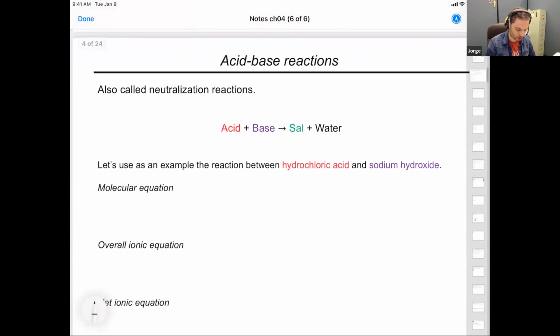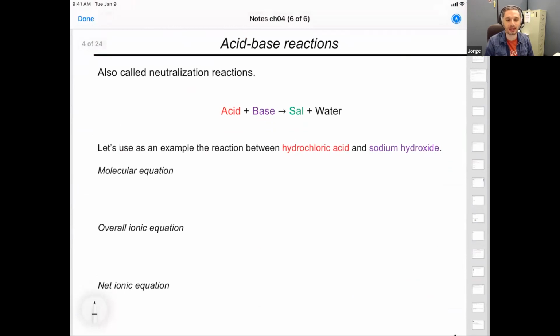Now what we are going to do is start to mix things and predict what is the product formed in the reaction. We are going to start with acid-base reactions. I don't have time to go over this topic today. Acid-base reactions are also called neutralization reactions because you are mixing an acid with a base, and that will always produce a salt and water.